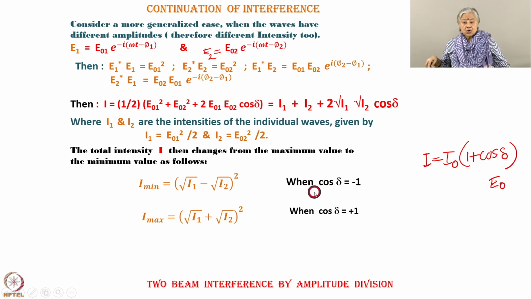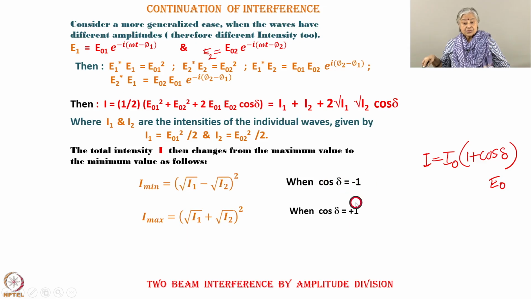So, at cos delta equal to minus 1, this whole thing turns out to be (root of I1 minus root of I2) whole square, which you can see easily. That is the intensity when cos delta is equal to minus 1.